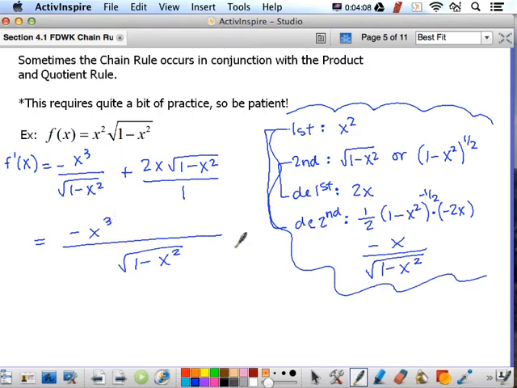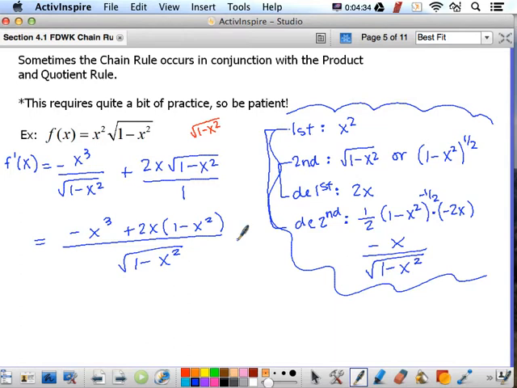But the second fraction has to be multiplied on top and bottom by the square root of 1 minus x squared. And the nice thing about it is you should by now understand that those radicals have to disappear. So I have plus 2x multiplied by, what's the square root of this times another square root of that? So the radicals disappear. So you have to distribute.